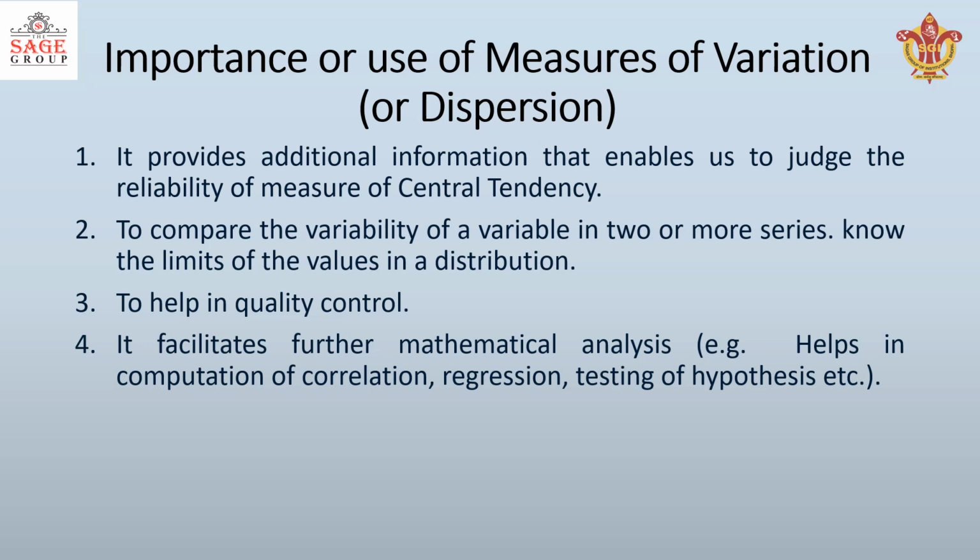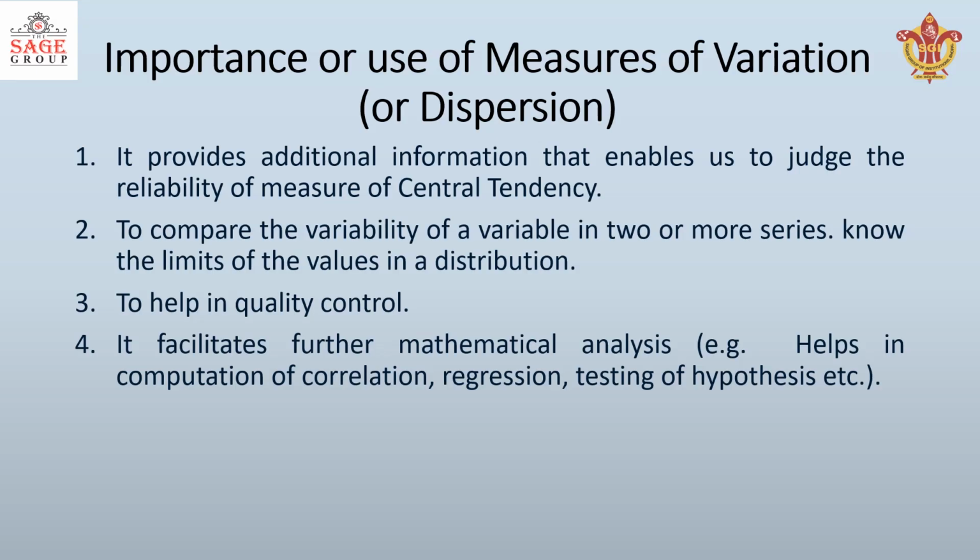Let us now understand the importance or use of a measure of variation. 1. It provides additional information that enables us to judge the reliability of a measure of central tendency. 2. It helps to compare the variability of a variable in two or more series.